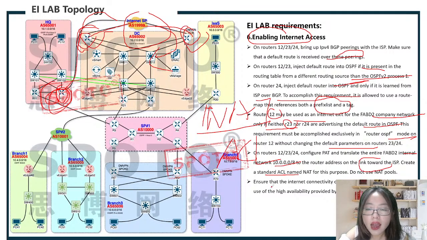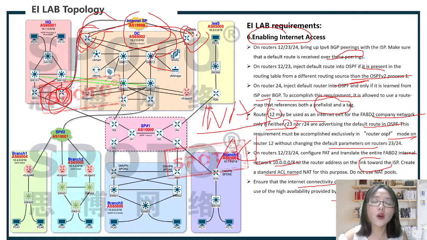Okay, so last, ensure that the internet connectivity for the company network makes use of the high availability provided by router 12, 23 and 24.